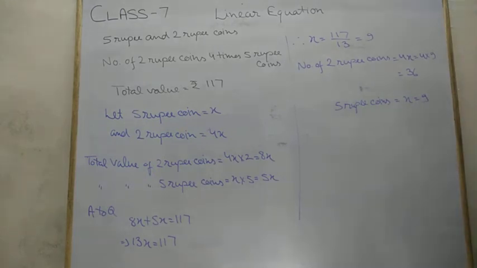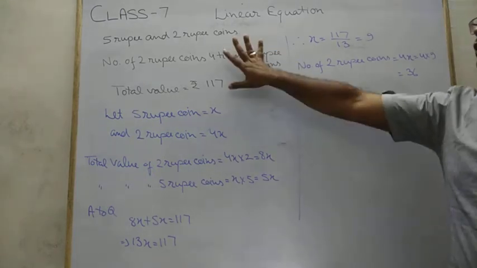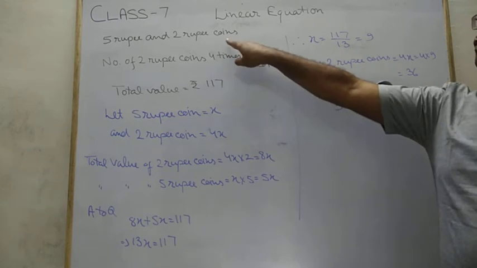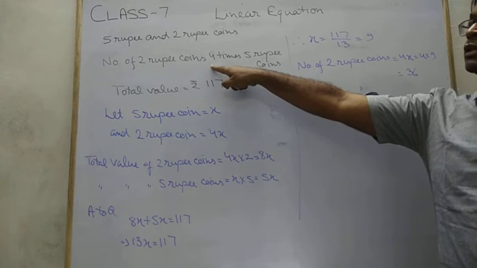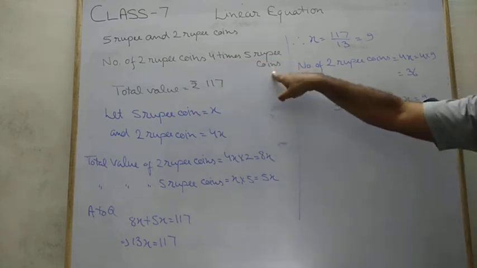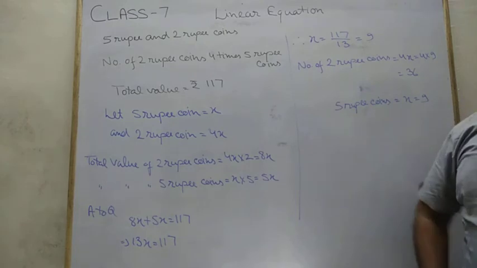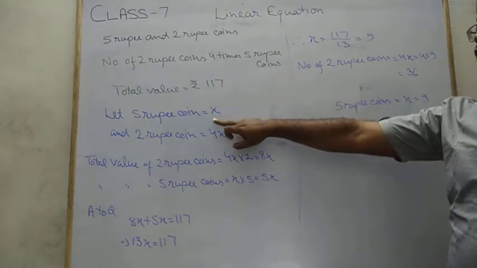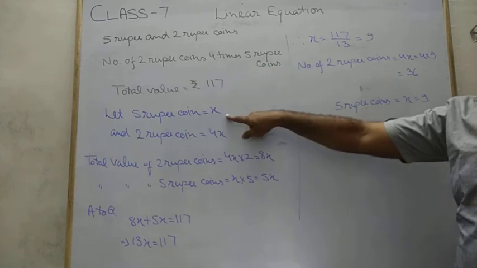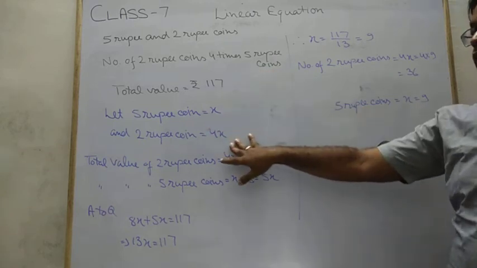So I hope this one is clear to you. First, what is given, this is the question part, you must note down this given thing. 5 rupee coins and 2 rupee coins are given. Number of 2 rupee coins is 4 times the number of 5 rupee coins. Total value is given, 170. Let the 5 rupee coin, the smaller one, be x, and number of 2 rupee coins equals 4x.